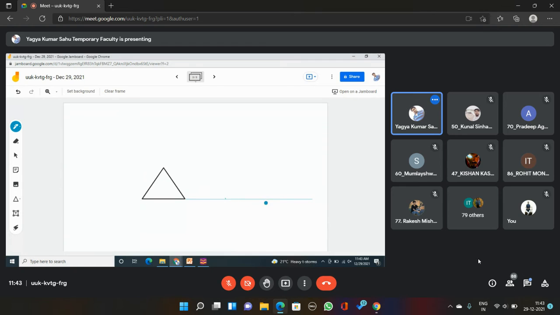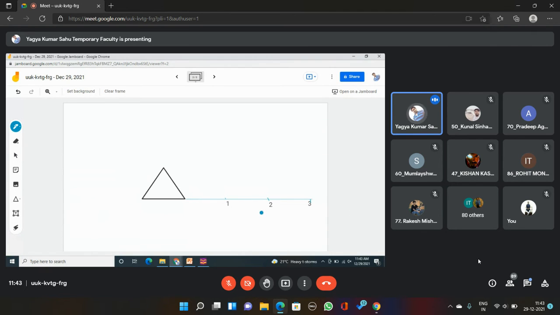Three equal divisions, for three sides. So now we have three equal divisions, say 1, 2, and 3. So this is the third division.